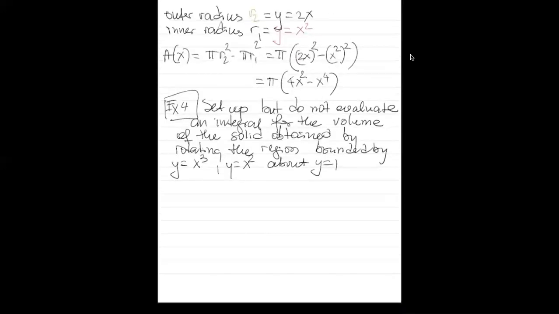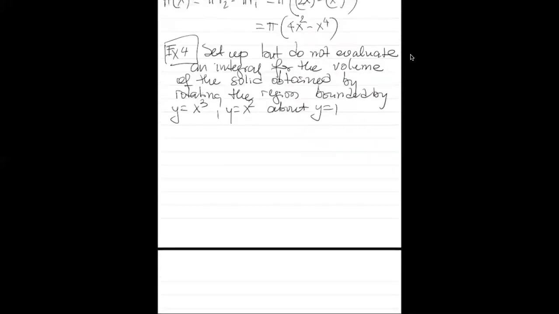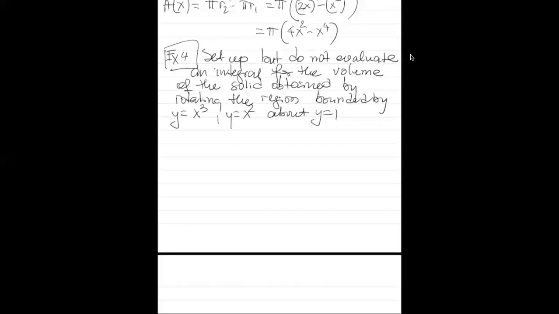So it's a little different now. The axis of rotation is not the x or the y-axis, but a different one. So we're going to sketch the region first. The region is between two curves, and where they intersect is important.